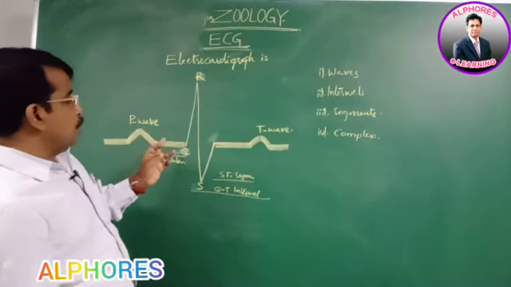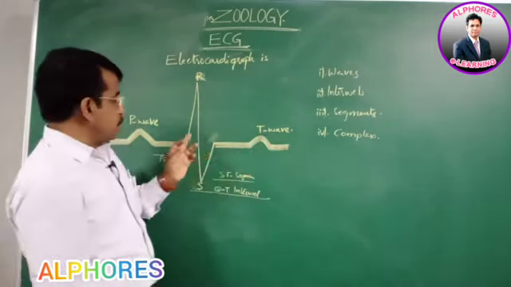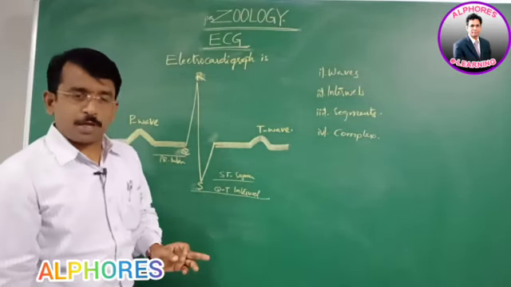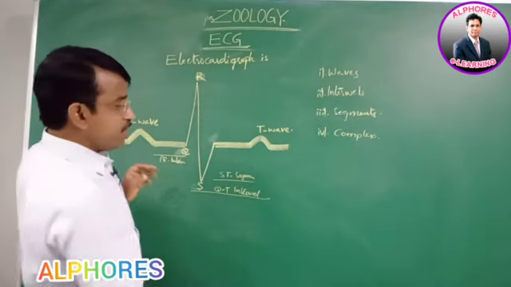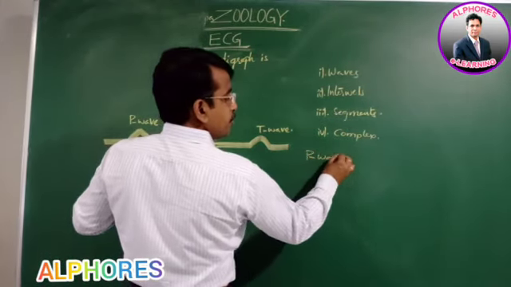P wave, Q wave, R wave, S wave, T wave, in which QRS together is named the QRS complex. So in this connection, first of all we'll discuss the P wave.